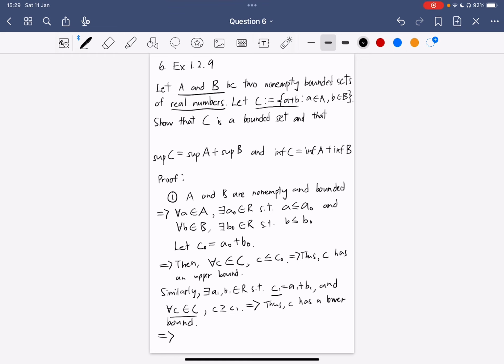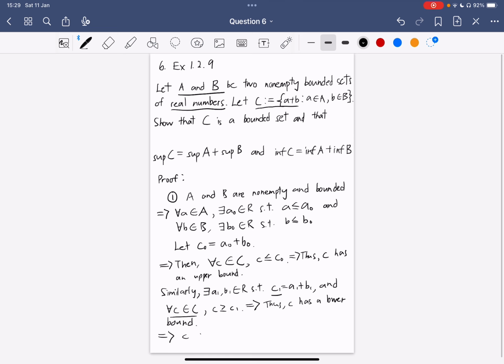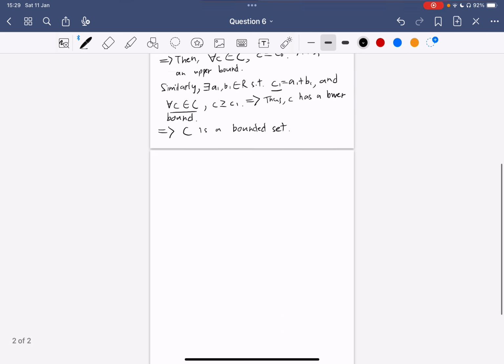And if C has an upper bound and a lower bound, it means that capital C is a bounded set. So we've shown the first part.